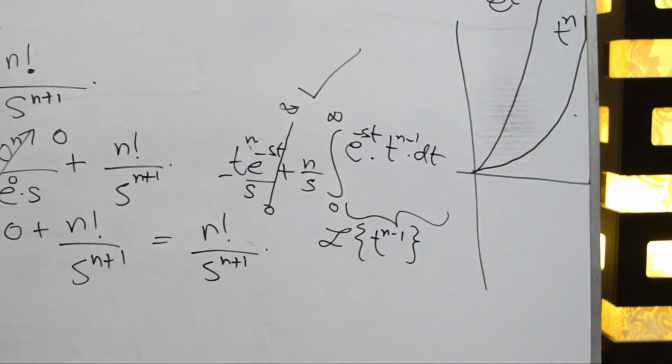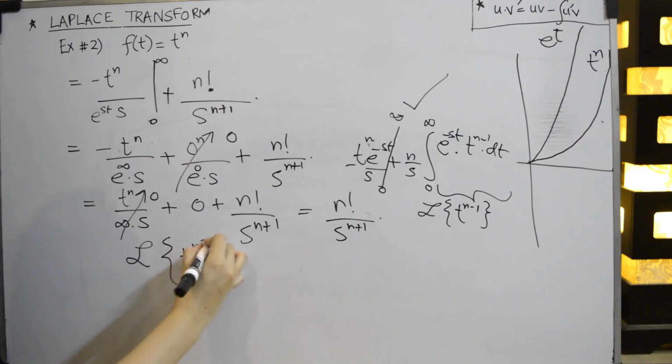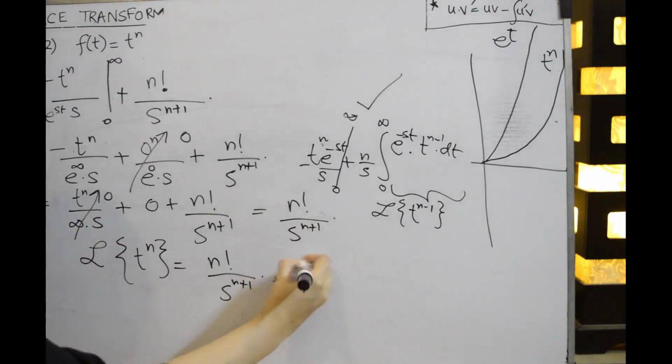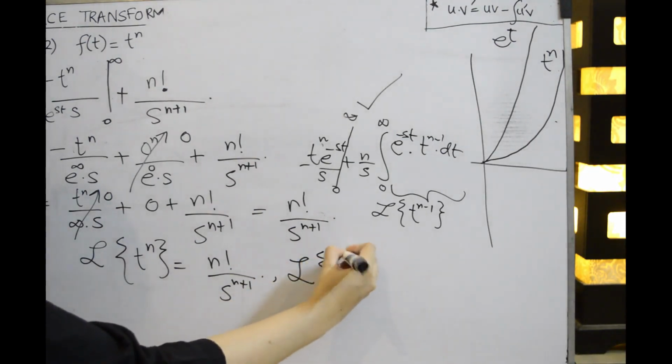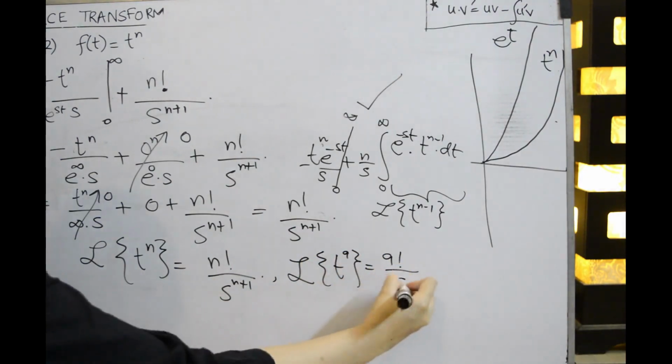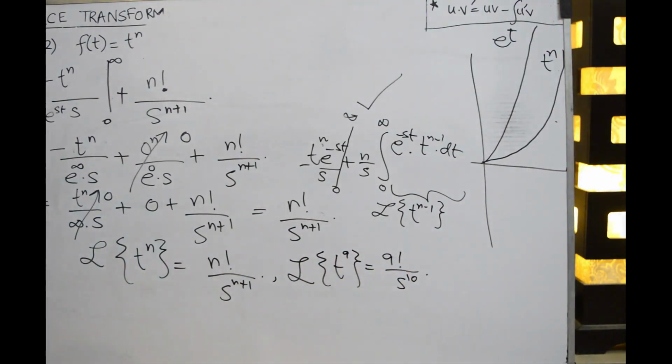So we are left with n factorial divided by s to the power n plus 1. That means Laplace of the function t to the power n is n factorial divided by s to the power n plus 1. We have derived the generalized form, and for a specific case you can replace n with any constant: Laplace of t to the power 9 is 9 factorial divided by s to the power 10, and Laplace of t to the power 5 is 5 factorial divided by s to the power 6.